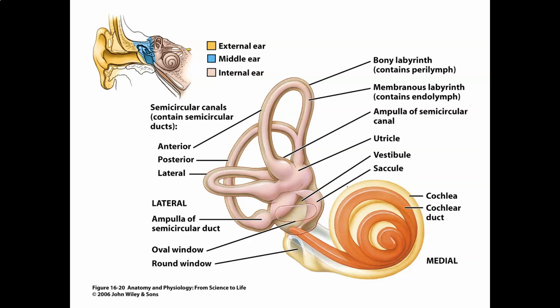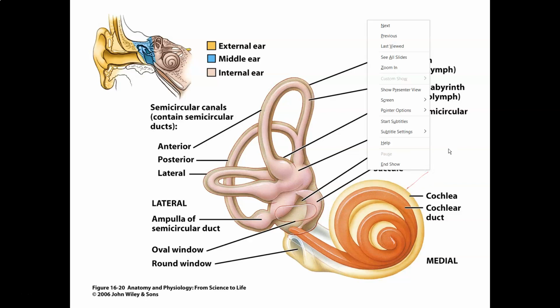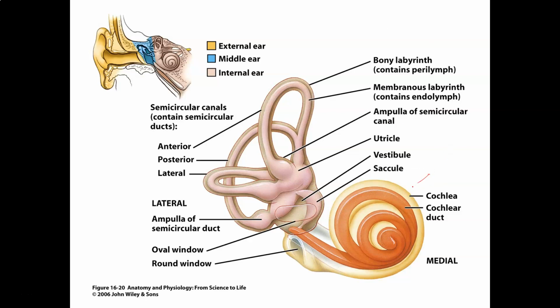But let's just look at the picture for a moment. You could think of your inner ear as like a tire with an inner tube inside. So there's the bony labyrinth, they call it, and in that space is fluid, they call it perilymph, and then there's like an inner tube inside of that called the membranous labyrinth, and it also has fluid inside called endolymph.